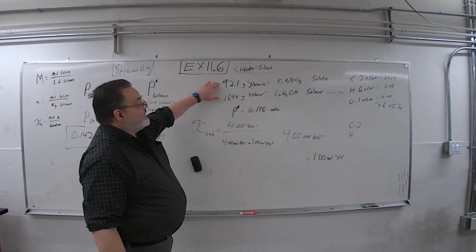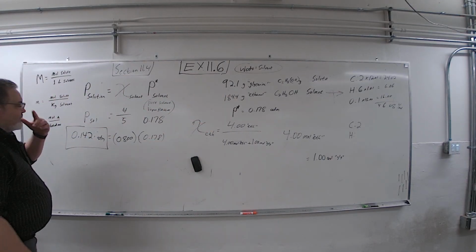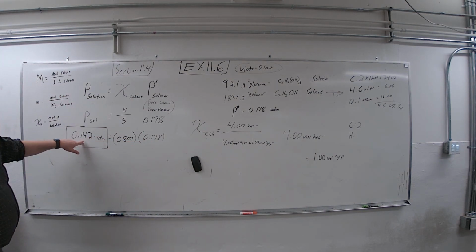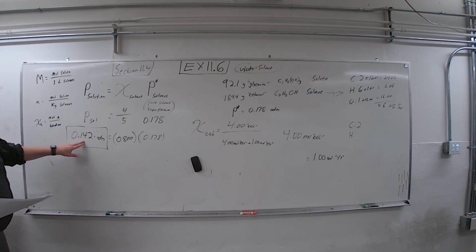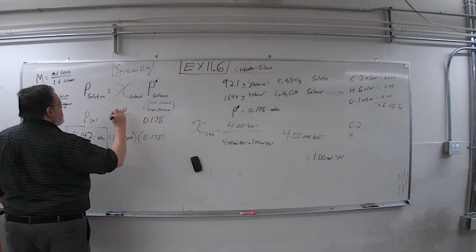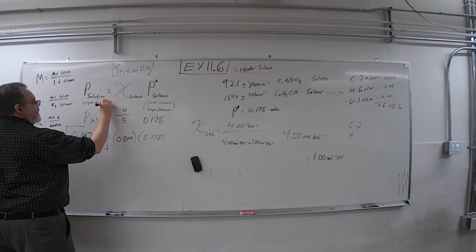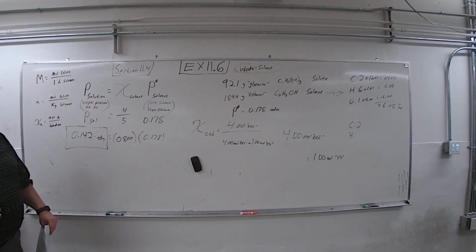So if you dissolve this much glycerine and this much ethanol, the vapor pressure of ethanol will change from this to this, go down a little bit. This is the vapor pressure of the pure solvent, and that's the new vapor pressure of the solution.